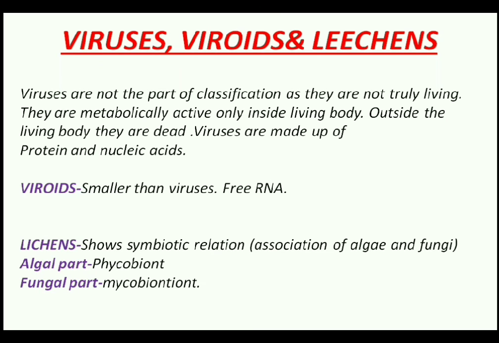The algal part is known as phycobiont and the fungal part is the mycobiont. The fungal part absorbs water and minerals from the soil, whereas the algal part prepares food. This way both of them benefit each other. This kind of relationship in a biological system is known as symbiotic relationship.